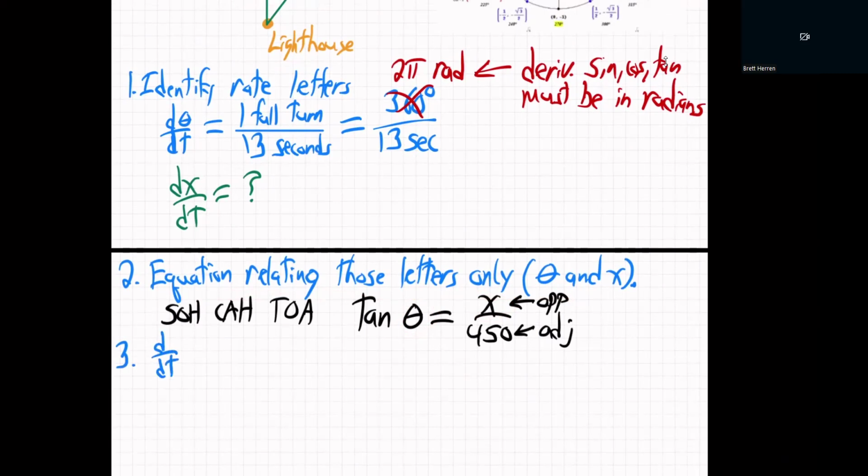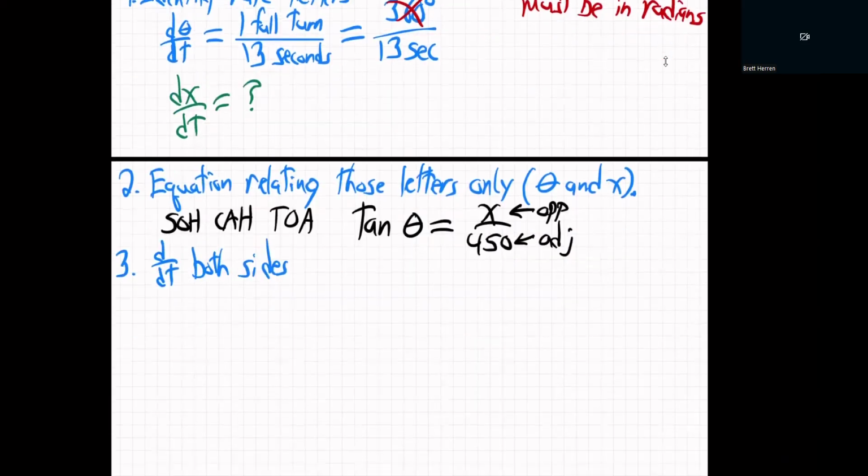Step 3, d dt of both sides. So now I'm going to take that equation and go d dt of tangent theta, and then d dt of x over 450. Oh, I'm going to rewrite that. We don't like fractions that have an x in them, I should say.